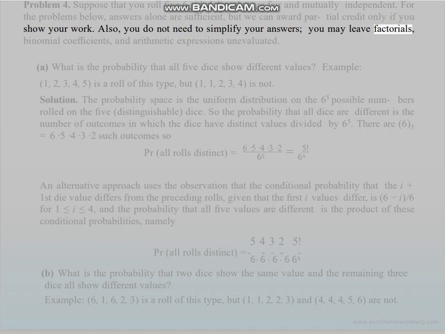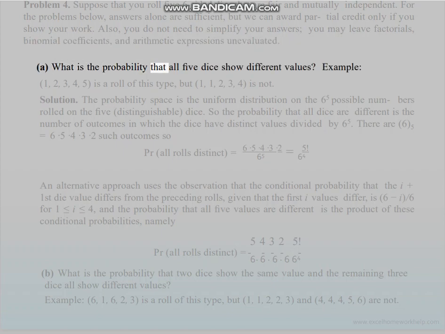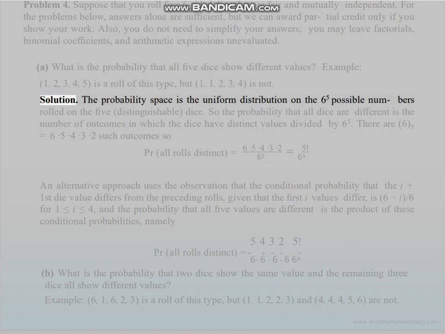You may leave factorials, binomial coefficients, and arithmetic expressions unevaluated. A. What is the probability that all 5 dice show different values? Example: 1, 2, 3, 4, 5 is a roll of this type, but 1, 1, 2, 3, 4 is not.